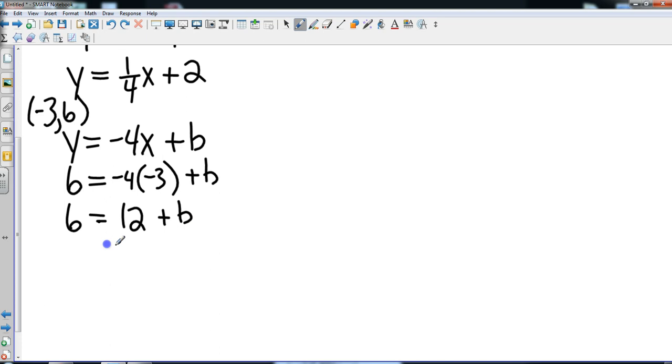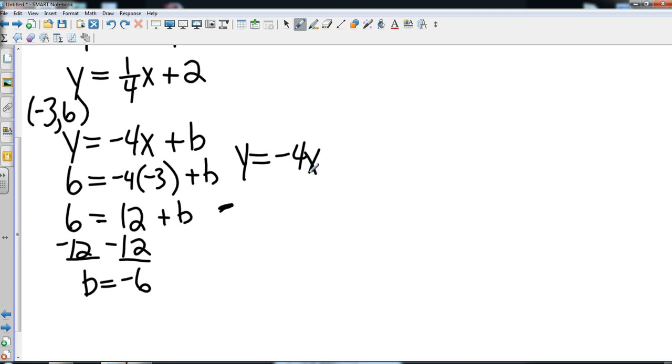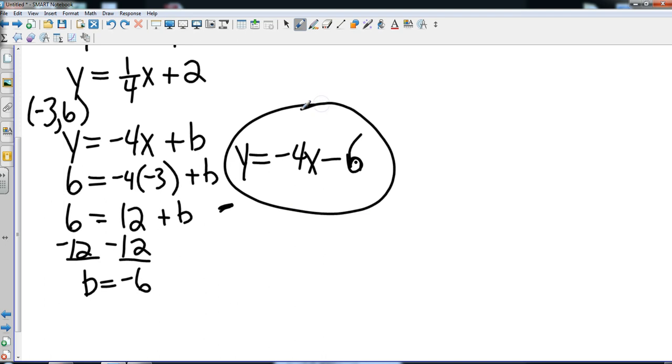Then I'm going to subtract 12. And what does my b equal? Negative 6. So what's my equation? Y equals negative 4x minus 6.